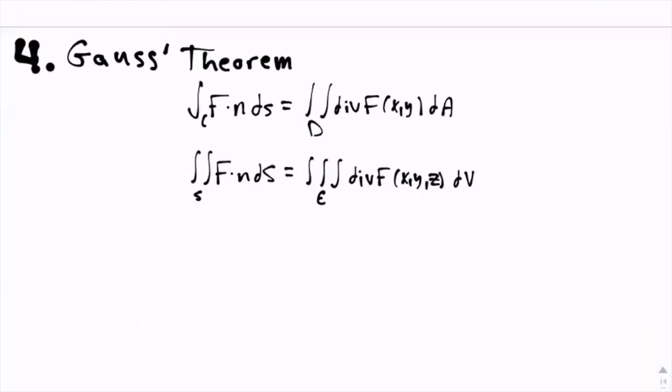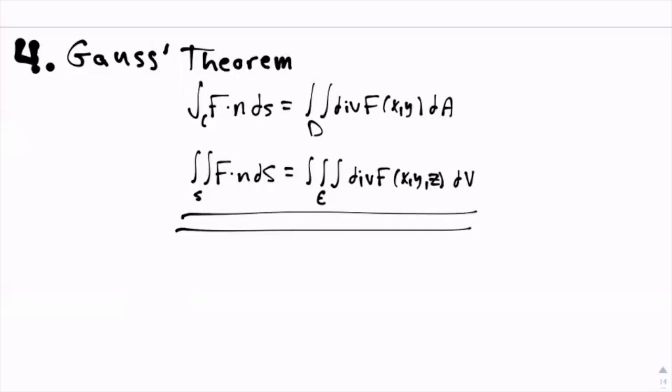In this situation, S is the boundary surface of our solid region E, as we went over in either sections 1 or 2. Because S is the boundary surface of the solid region E, we are able to say that this is true.